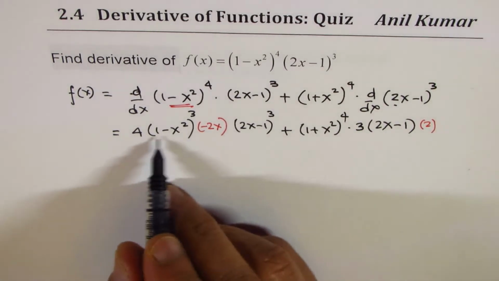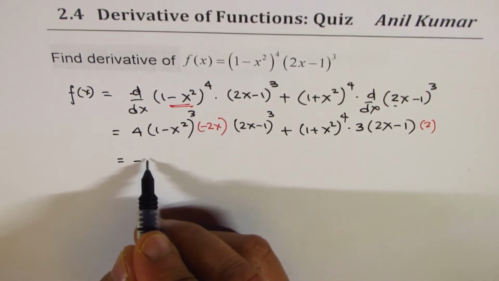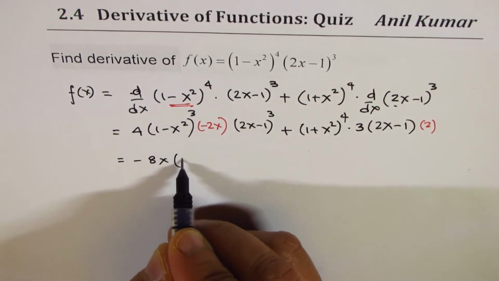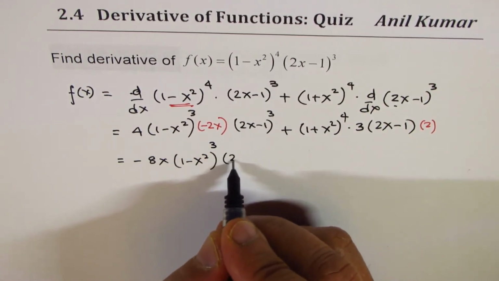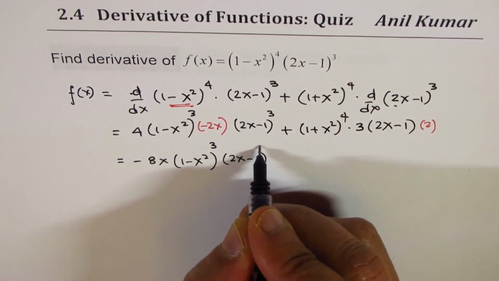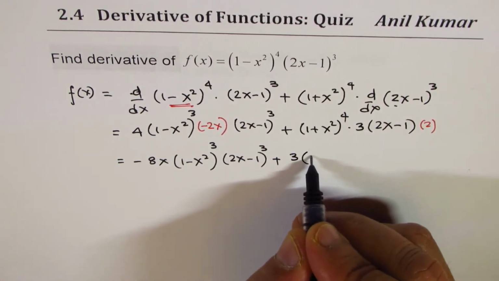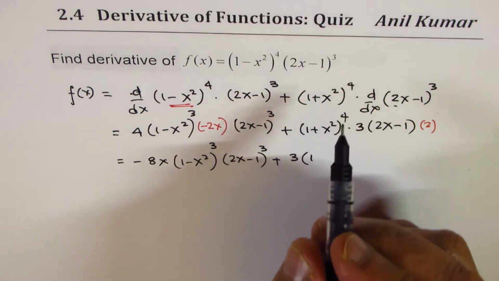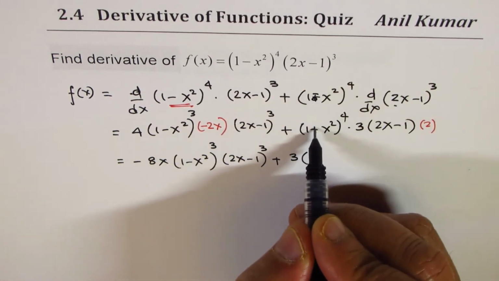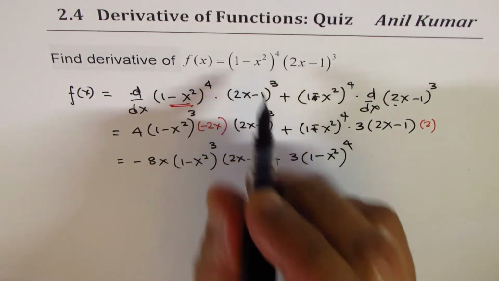So we can multiply these terms and simplify this a bit. So we get minus 8x 1 minus x squared whole cube times 2x minus 1 whole cube plus 3 times 1, well, this should be minus, by mistake I wrote this, this should be minus 1 minus x squared to the power of 4, that's the function, right?